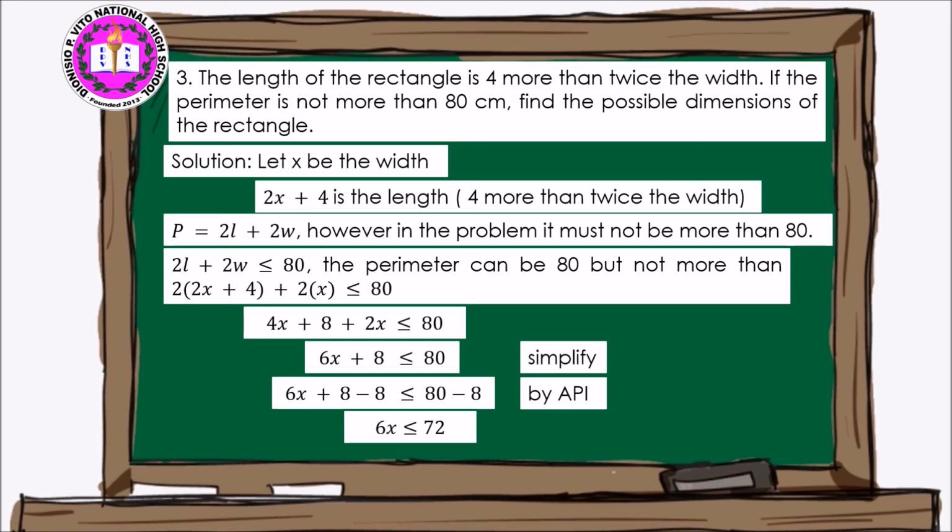Therefore, we have 6x less than or equal to 72. So by MPI, we're going to divide both sides by positive 6. Therefore, 6x divided by 6 is equal to x, which is less than or equal to 72 divided by 6, which is equal to 12. Therefore, x is less than or equal to positive 12.